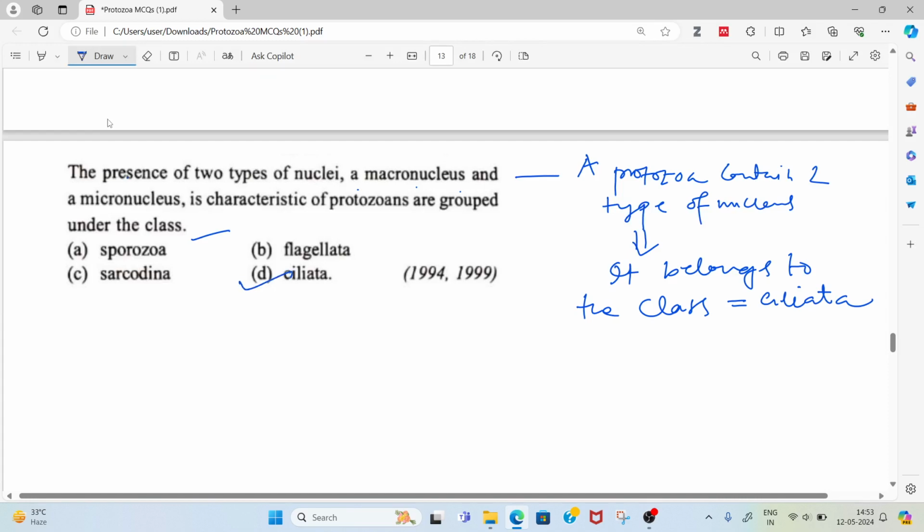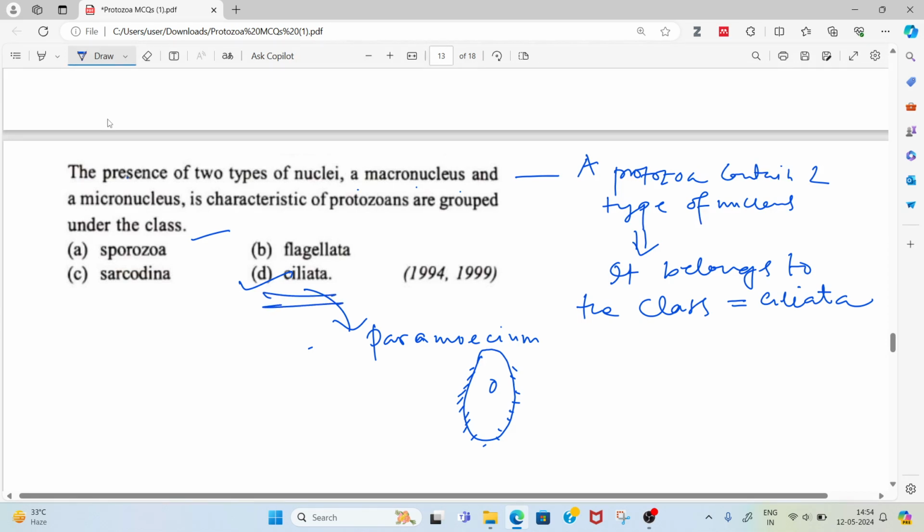Ciliata is the correct answer, because we have already studied that Paramecium belongs to Ciliata. Paramecium has cilia, different types of cilia. So the correct answer is Ciliata.